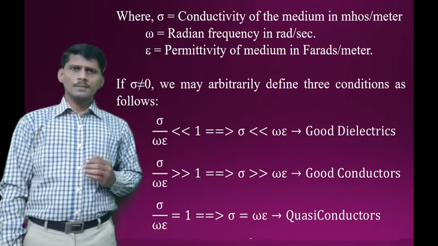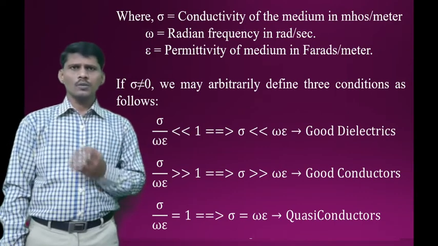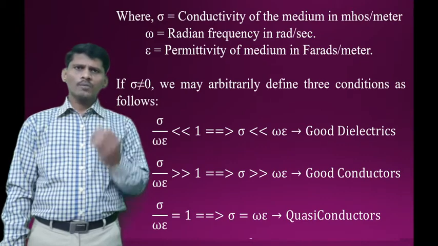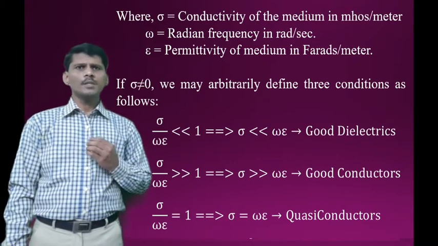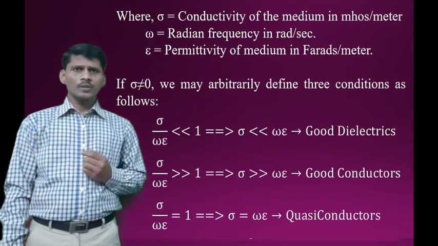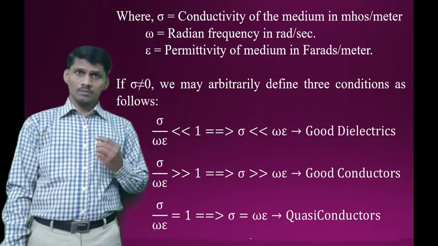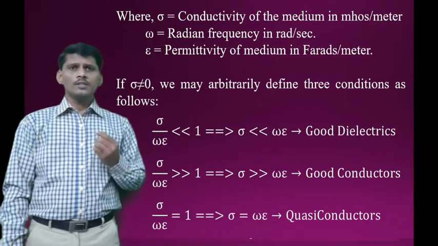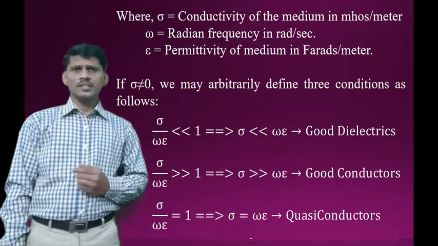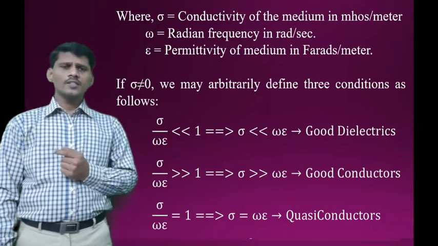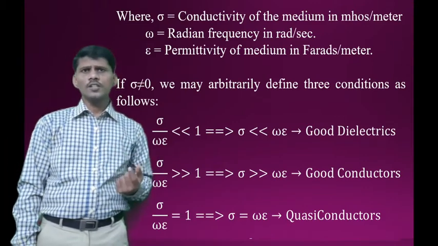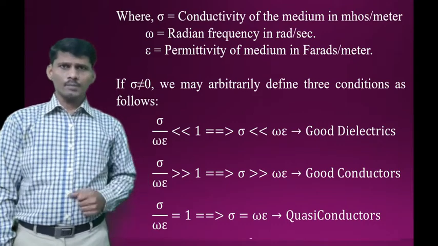What is the first condition? Sigma by omega epsilon is very much less than 1. Sigma by omega epsilon is the ratio of the magnitude of conduction current density to displacement current density, so the magnitude of Jc by the magnitude of Jd is very much less than 1. That means the conduction current density is very much less than the displacement current density, which is the condition for good dielectric materials.